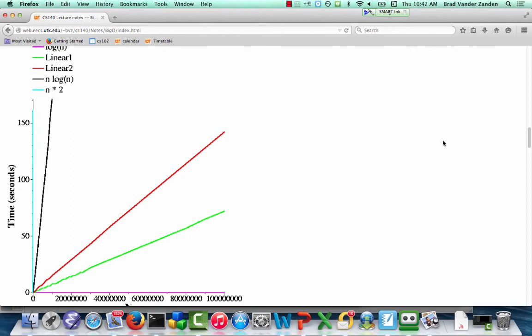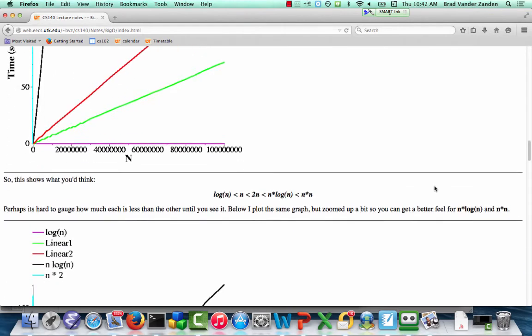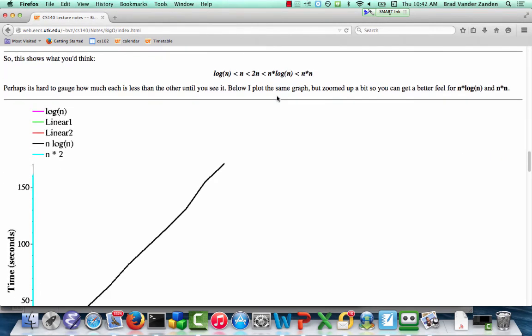We see n squared going straight up. It's horrible. Okay, linear and a second linear, so the two linear ones kind of in between. So it's kind of hard from that to get an idea other than log n really good, n squared seems to be pretty bad. So here he blows it up a little.